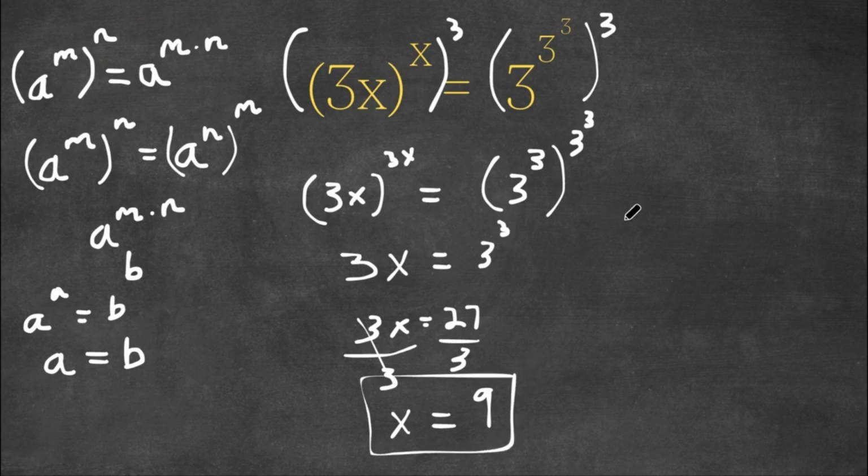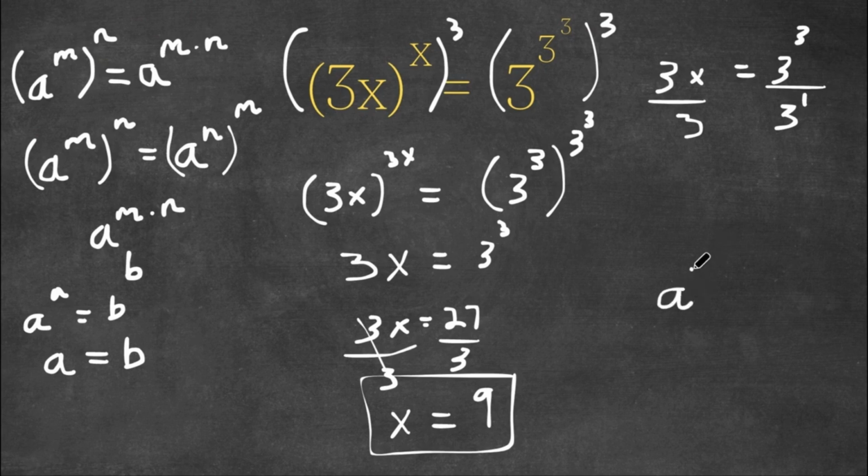Now our second way is 3x is equal to 3 to the power of 3. The second way is just simply dividing by 3 at the start, and 3 to the power of 3 divided by 3, well, this is 3 to the power of 1. If we have something in the form a to the power of m over a to the power of n, this is equal to a to the power of m minus n.